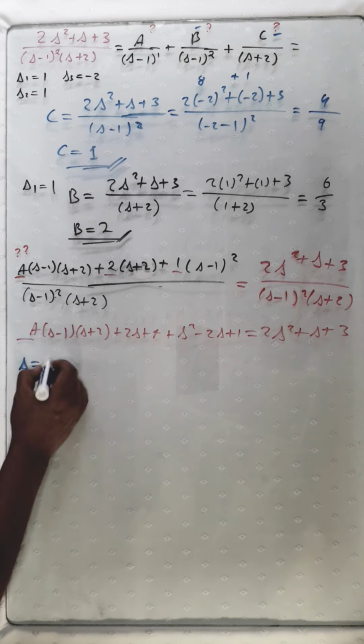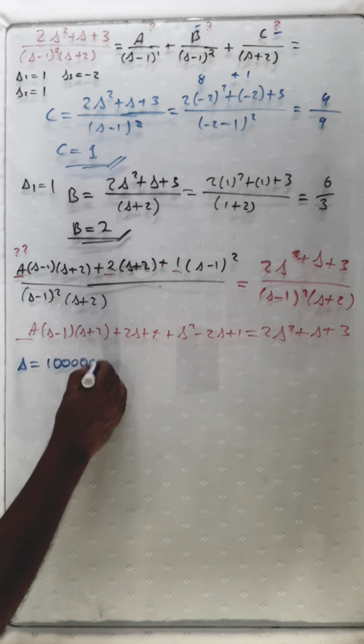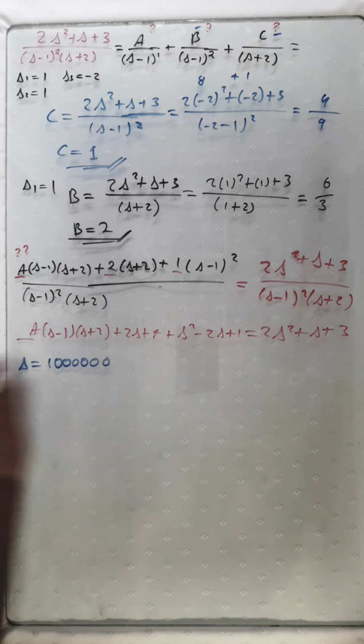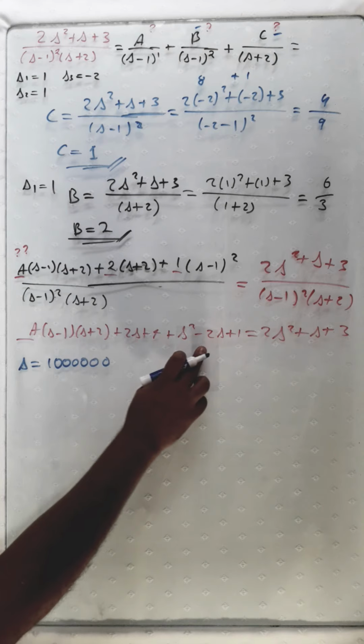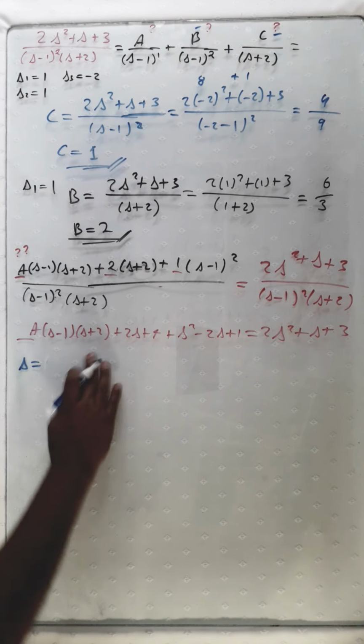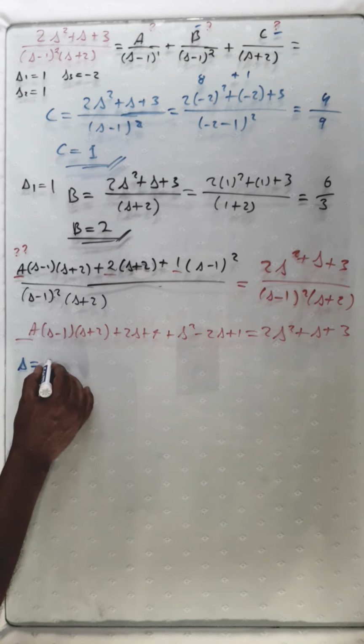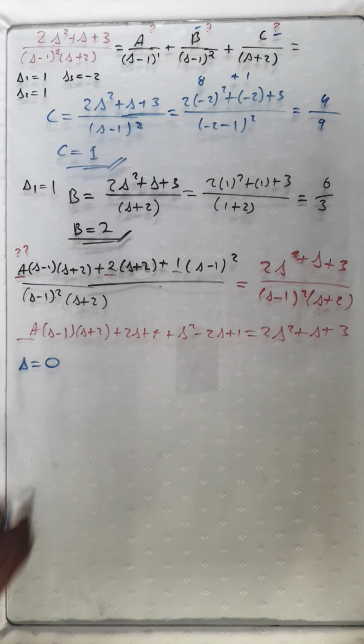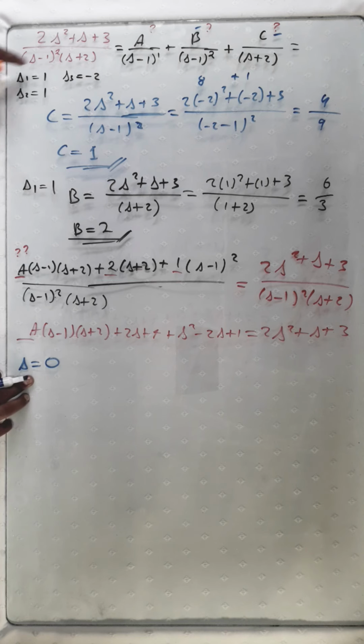You can choose 1 million if you like, but that is going to be very difficult for the calculations, and the result is the same. So I'm going to choose one simple value, 0. 0 is not repeated in the previous values. If you choose the previous values, you are going to get C and B, which you already have. So let's use s equal to 0.